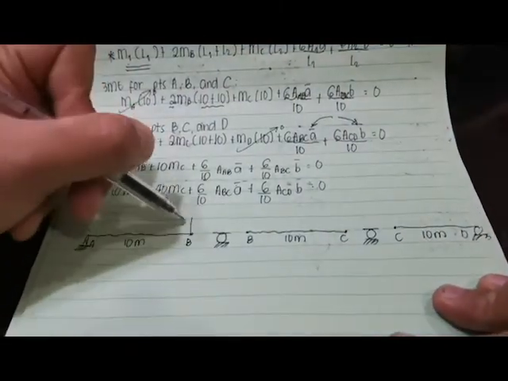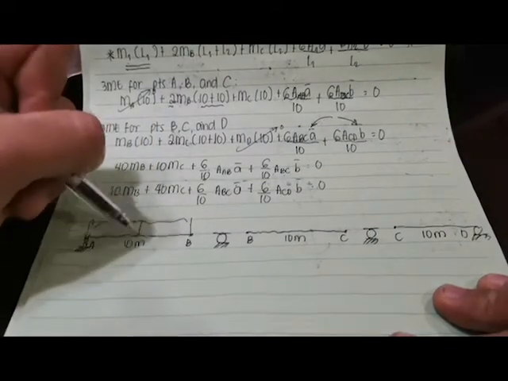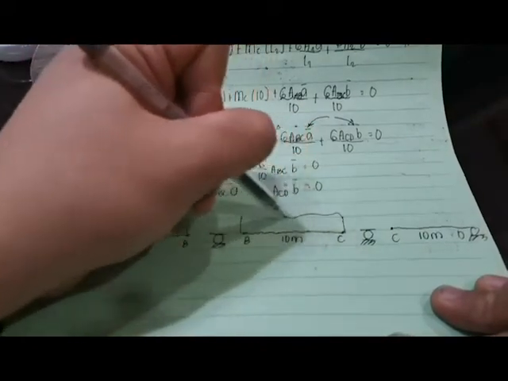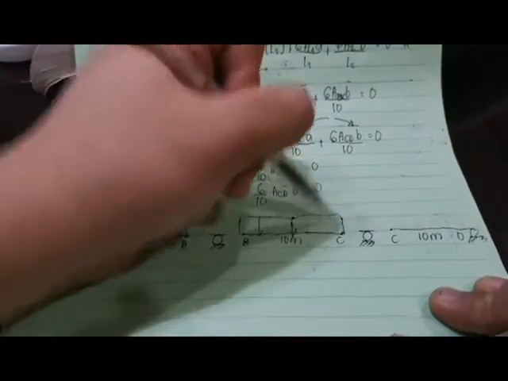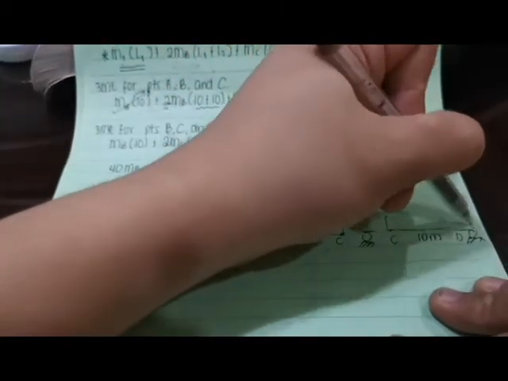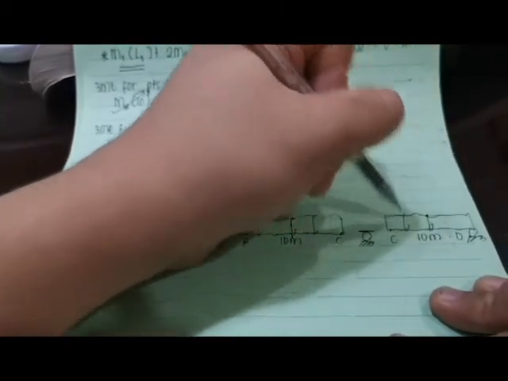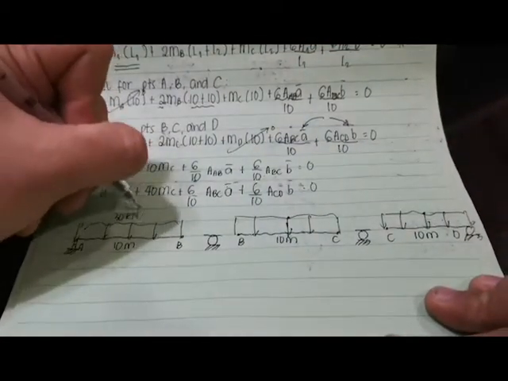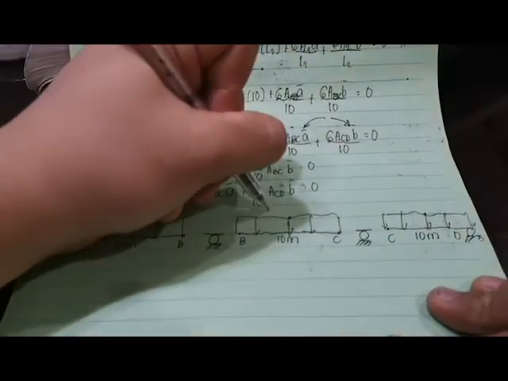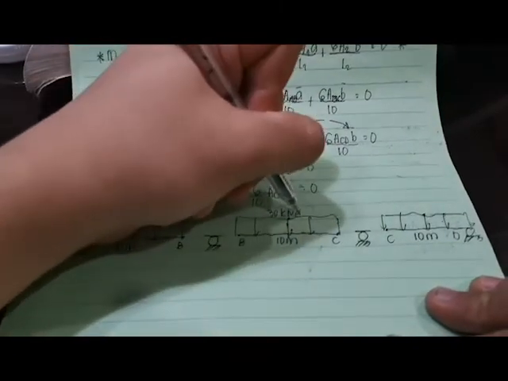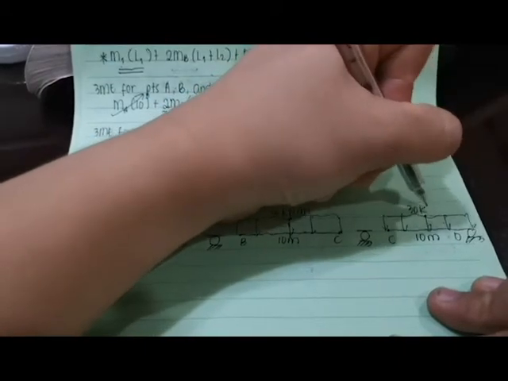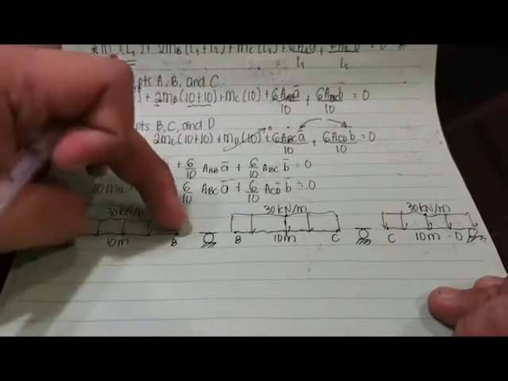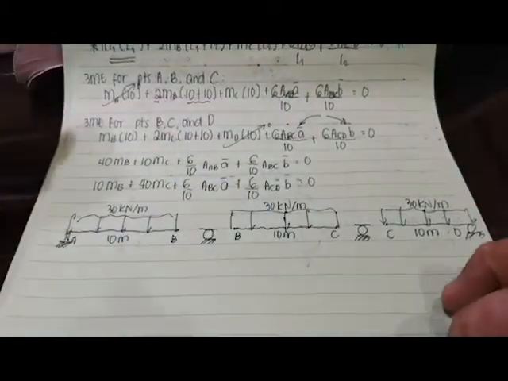They are all 30 kilonewton per meter, and they are all simply supported beams.